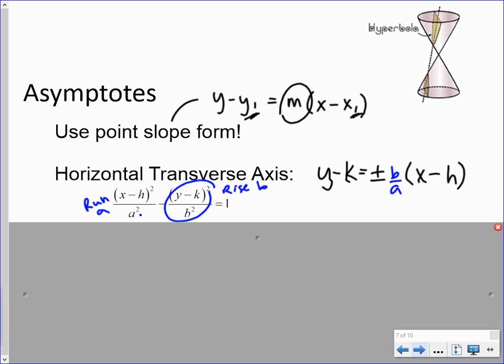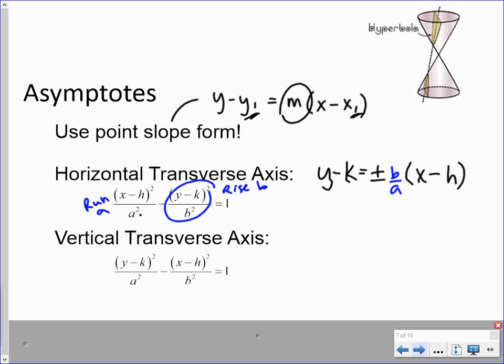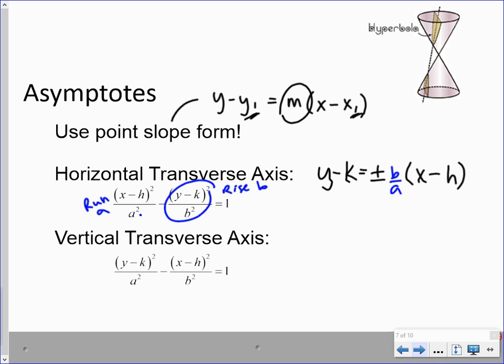If I do a switch of my transverse axis, then I'm now changing which unit I rise with. Now I rise with A and I run with B. So then my slope would be A over B. Everything else about the asymptote would be the same.